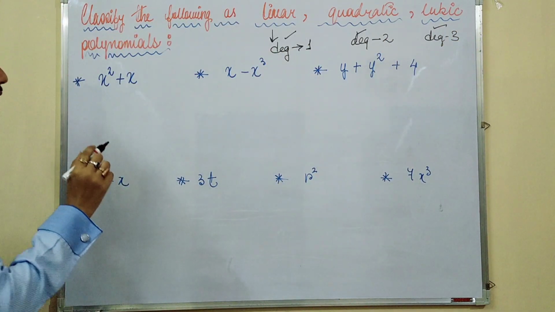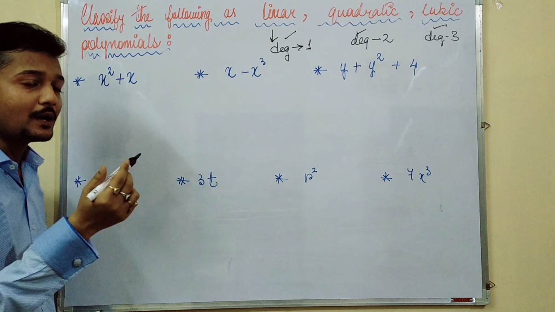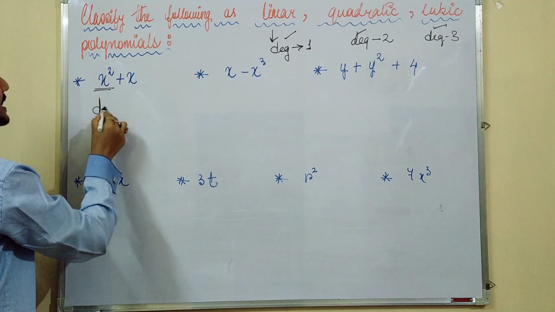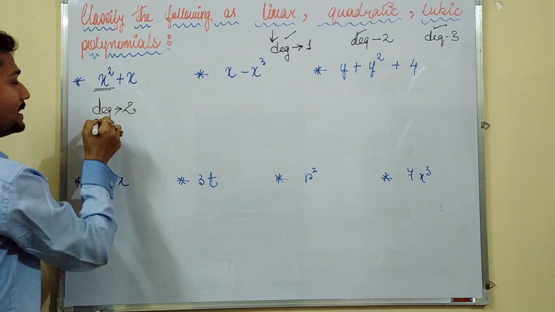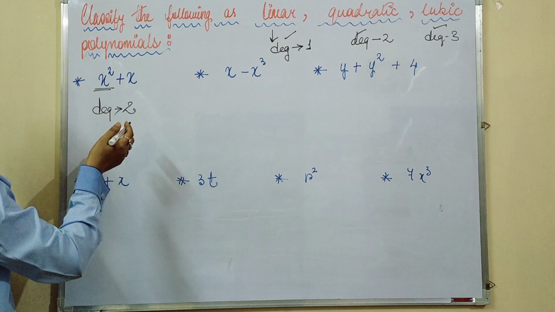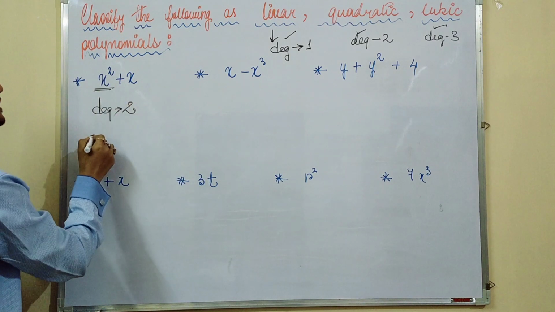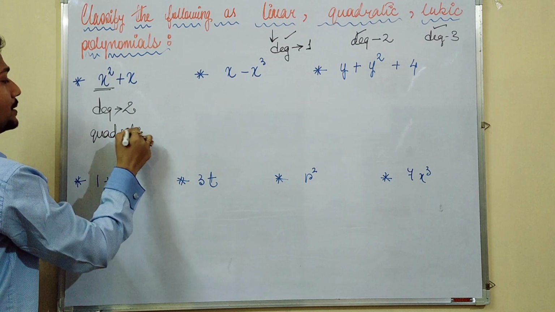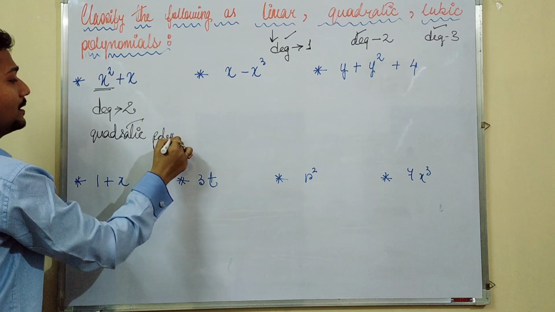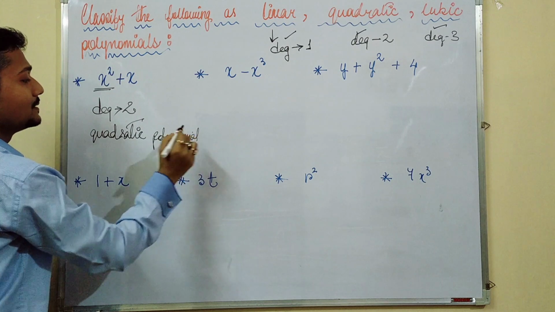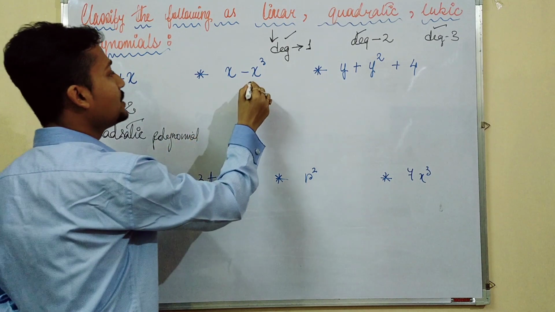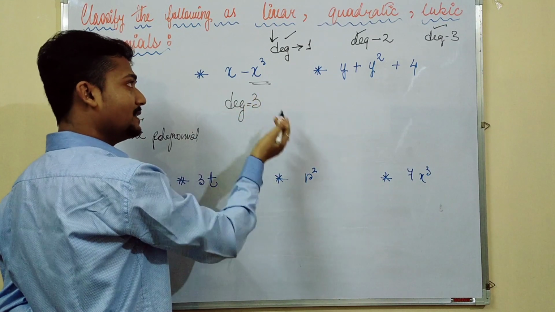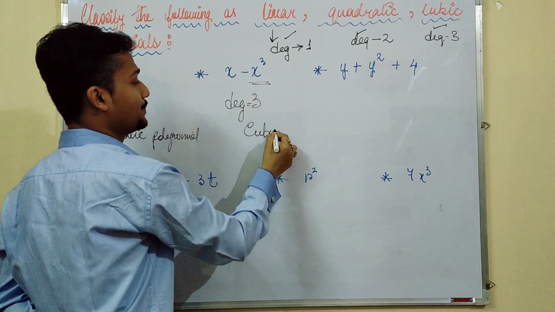Now see here how to determine the degree: it is the highest power, isn't it? So here, if you see this x square, the degree is 2, so it is a quadratic polynomial. Now the next, here x cube, so the degree is 3, so it will be cubic.